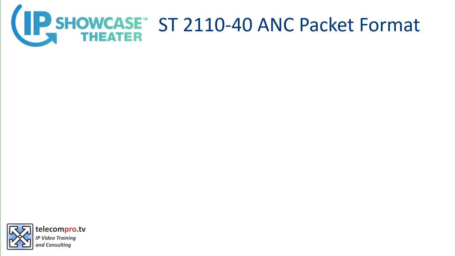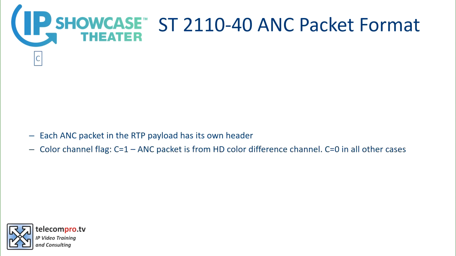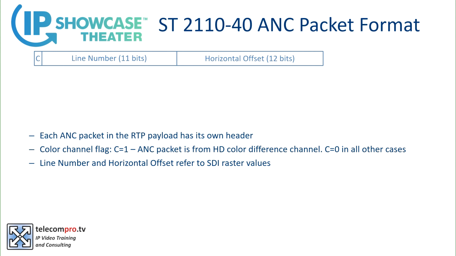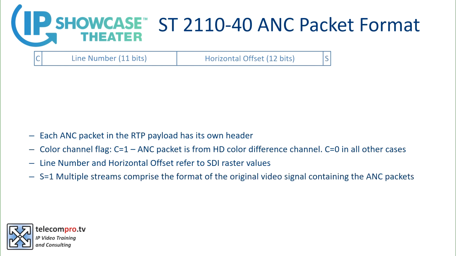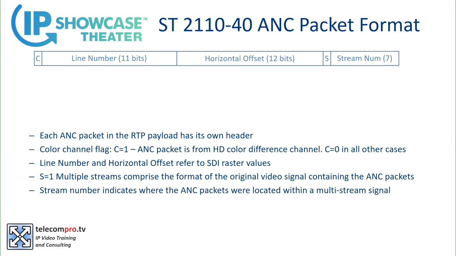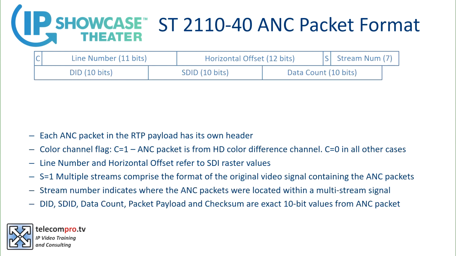Now for each packet of ancillary data, we're going to have a C bit that tells us which channel this ancillary packet came from. We're going to have a line number and a horizontal offset. That's going to tell us where it came from in the original SDI. We're going to have a stream number and a flag for the stream. Then we're going to have the original data that was in that ancillary packet, the DID, the SDID, the data count.